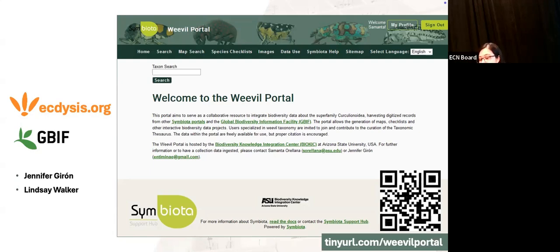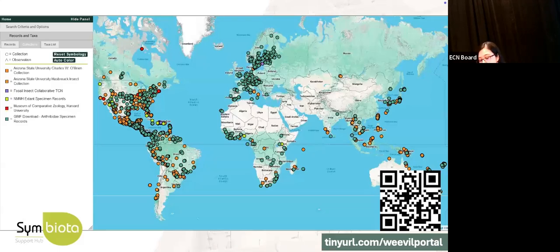But we also have a new portal called the Weevil portal, which you can find at that URL, where we are looking to gather all the information that is available about weevils. This is in collaboration with Jennifer Girón and Lindsay Walker from the Symbiota team.